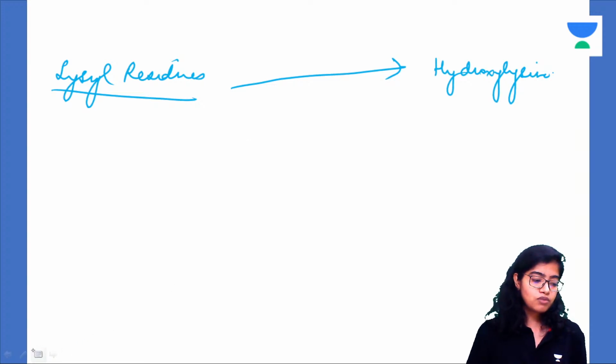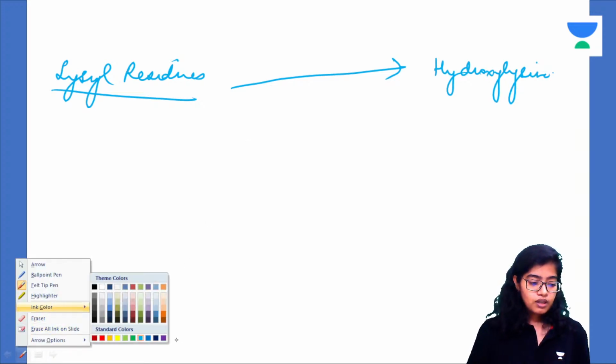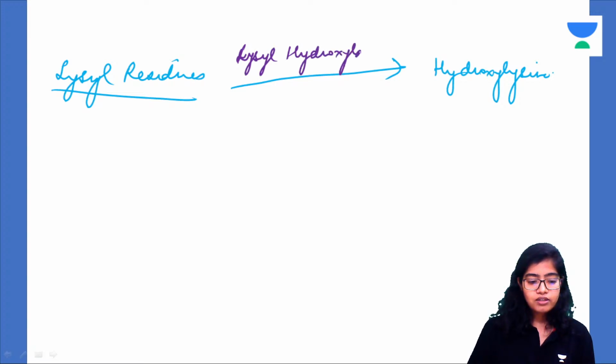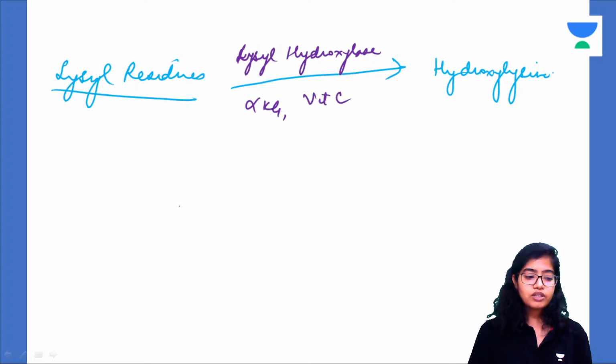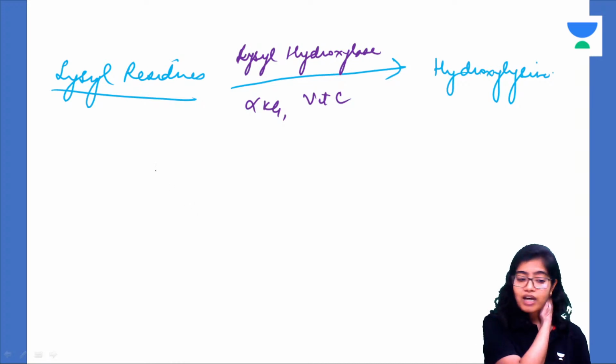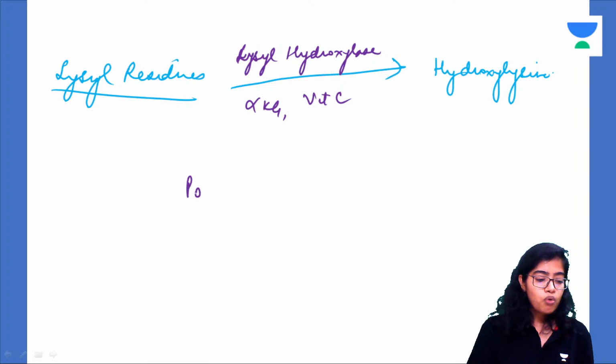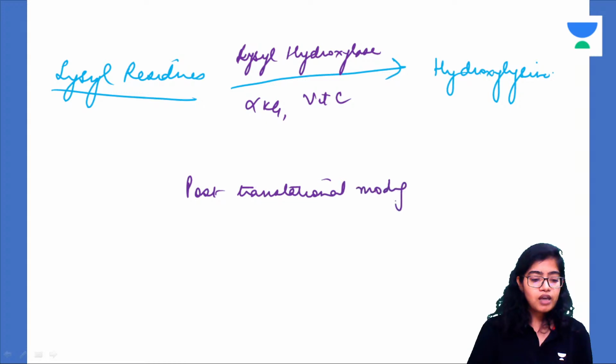What are the enzymes involved? Hydroxylation, so it will be lysyl hydroxylase. Same cofactors, alpha ketoglutarate and vitamin C. And this is also a post-translational modification. After lysine has been formed, it can be hydroxylated.